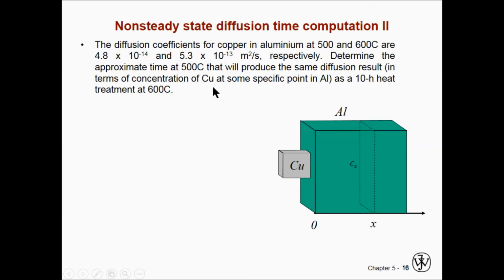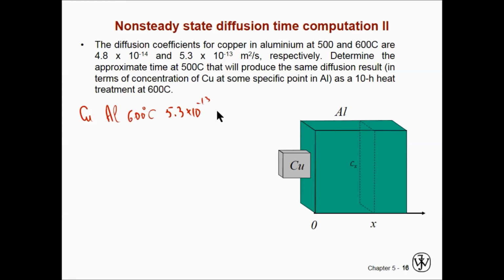I will summarize it in a different way. So what we need to do: copper is diffusing into aluminium at 600 degrees Celsius, where the diffusion coefficient, defined by these three factors, will be this.